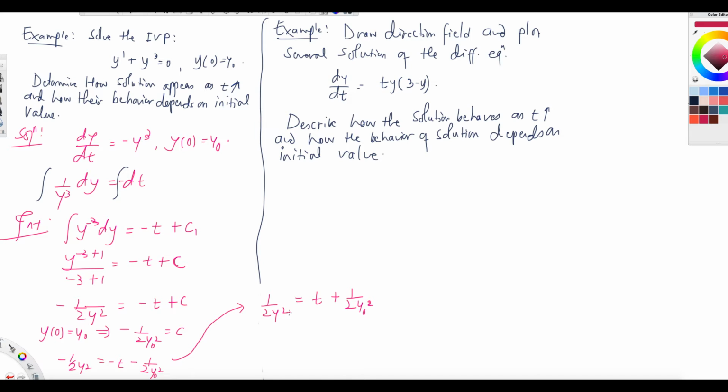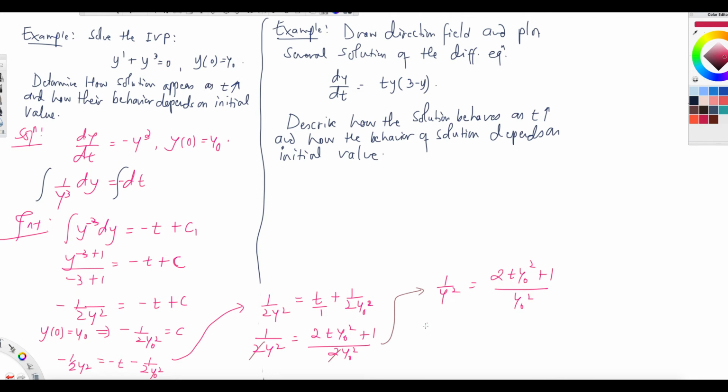Now, how do you solve this for y? Let me combine the right side over a common denominator: 1 over 2y squared equals (2ty0 squared plus 1) over 2y0 squared. If you multiply both sides by 2, you cancel out the 2s, and you get 1 over y squared equals (2ty0 squared plus 1) divided by y0 squared.